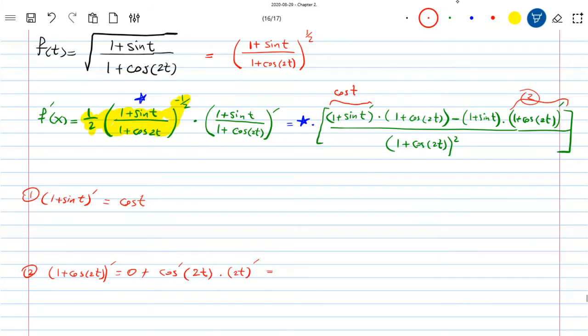The derivative of cosine is negative sine, applied to 2t, multiplied by the derivative of 2t, which is simply 2. 2 is a constant, and the derivative of t is simply 1. So what we get is negative 2 sine 2t. So instead of number 2, I can replace it with negative 2 sine 2t. So the derivative of that square root turns out to be this whole thing.